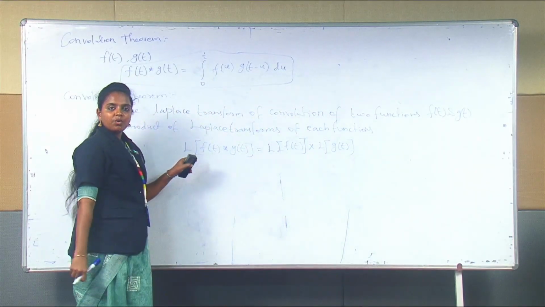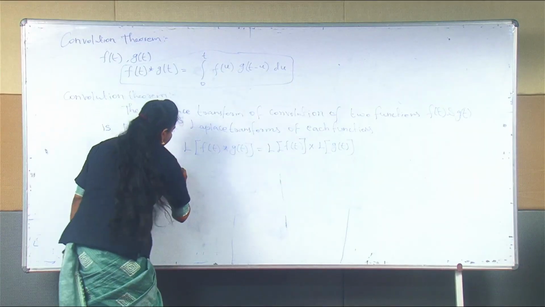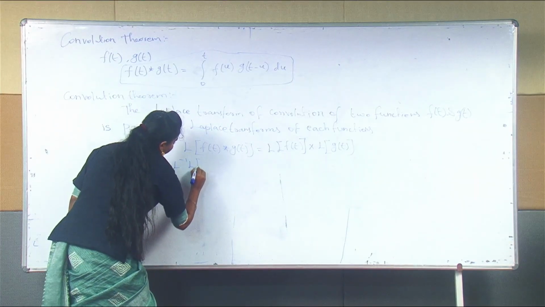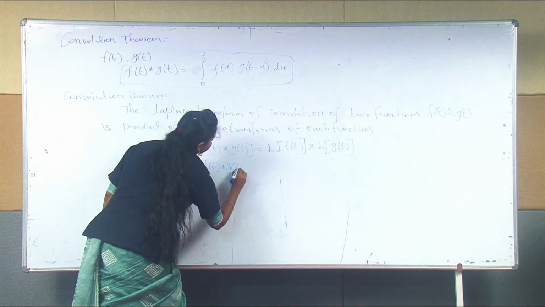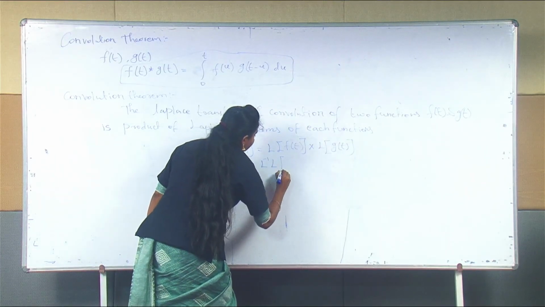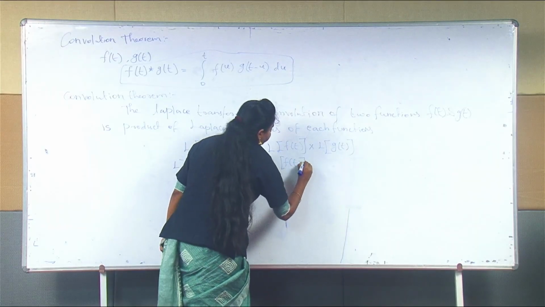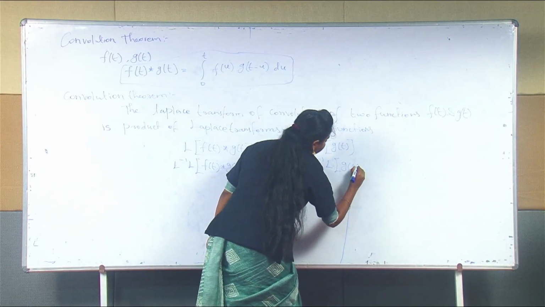Now we have this equation. Here we are going to take the inverse on both sides. While taking the inverse on both sides, we get the Laplace inverse of Laplace of f of t into the Laplace inverse of Laplace of g of t.